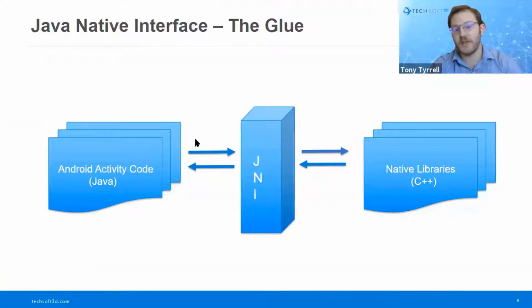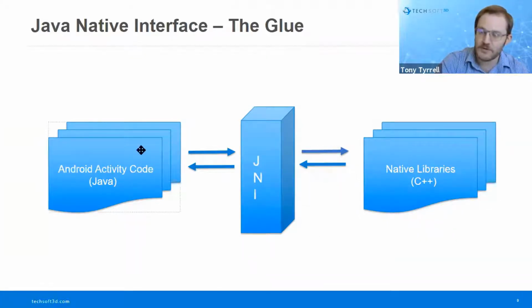It allows you to take your Android code over here on the left, or your Android application, and it serves as a method for you to pass function calls, requests, and data into your native libraries. So it works both ways. You can call C++ from Java, and you can call Java from C++. For the Hoops SDK, at least for our basic application today, we are invoking C++ from Java, not the other way around.